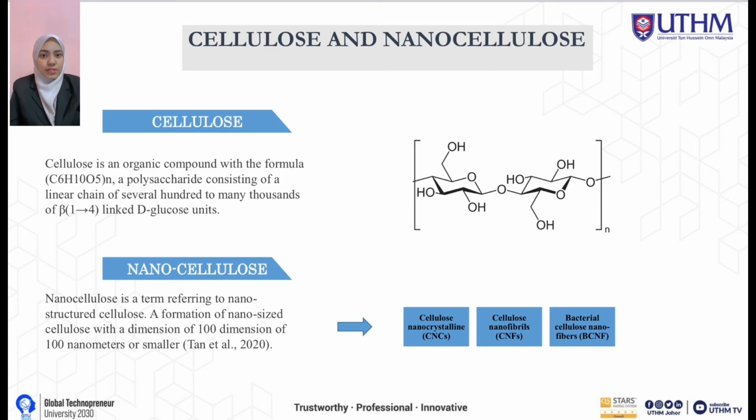Nanocellulose made from wood cellulose possesses unique and promising qualities derived from the properties of natural woods, such as high crystallinity, modular aspect ratio, and tensile strength.